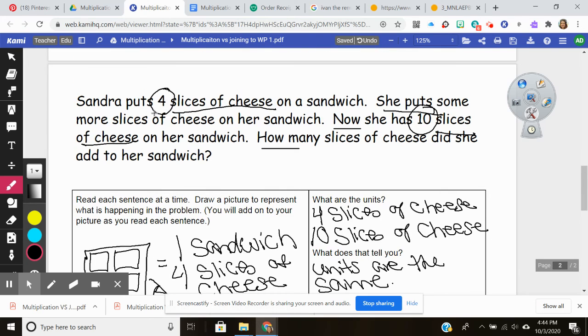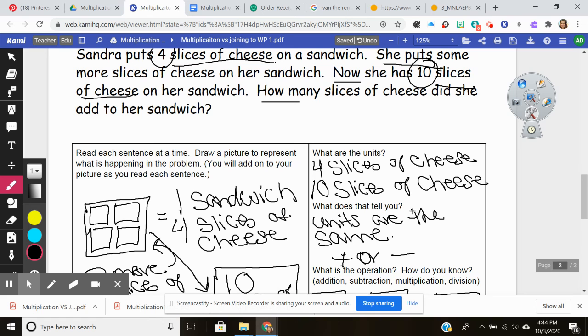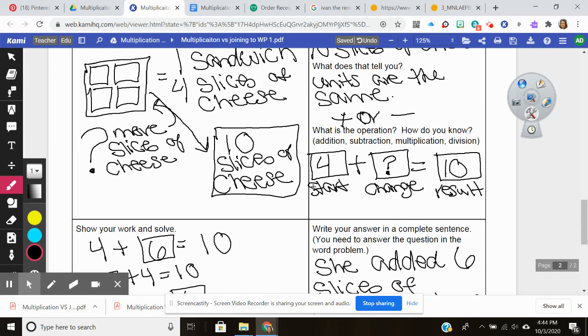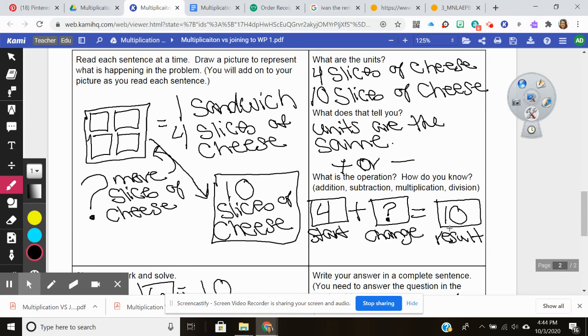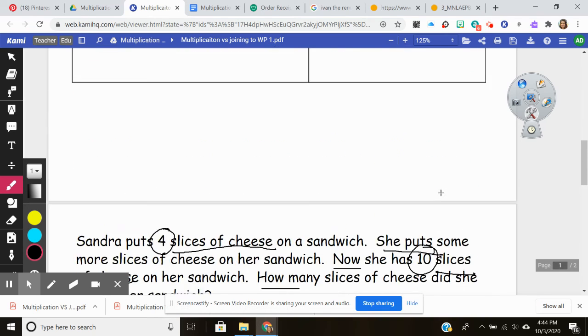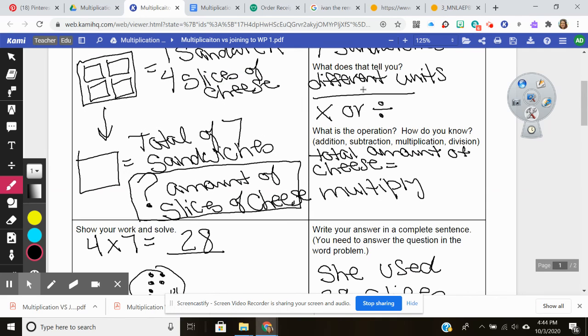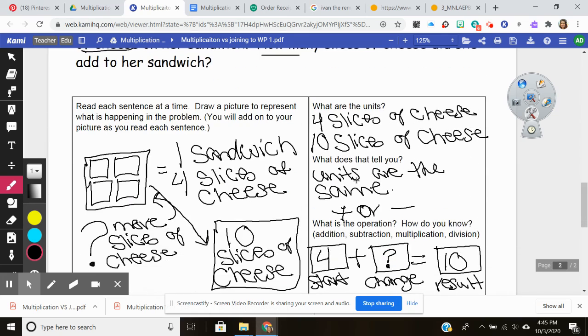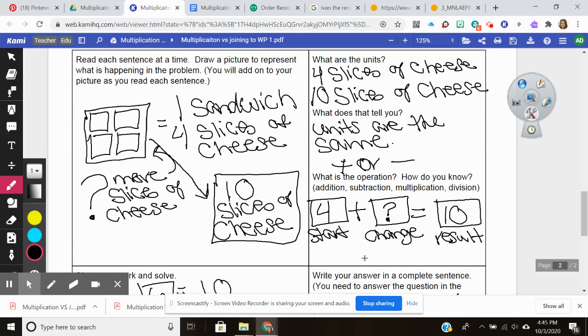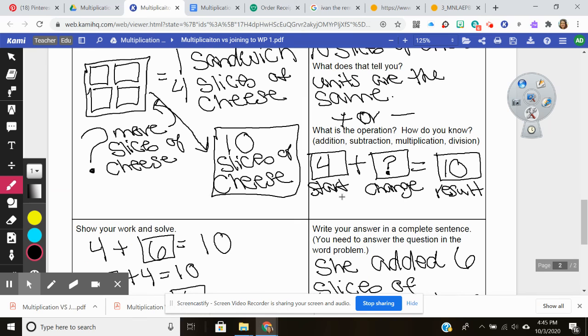All right. When you use this graphic organizer, guys, and you really take the time to draw and represent what's happening inside the word problem, you think critically about those units and what those units tell me. And then you think about, okay, now that I know the units, what am I doing? Over here, we were multiplying because we were in different units and we were finding the total. Over here, we were adding, but we were given the result.